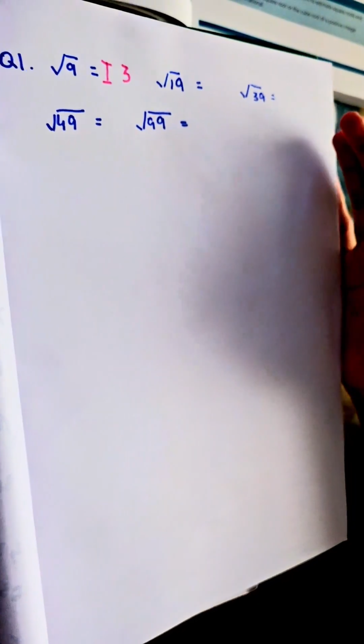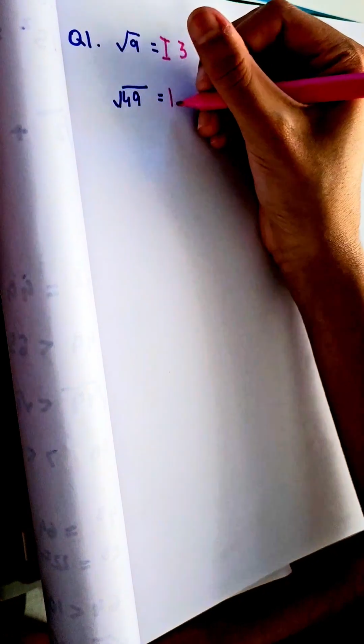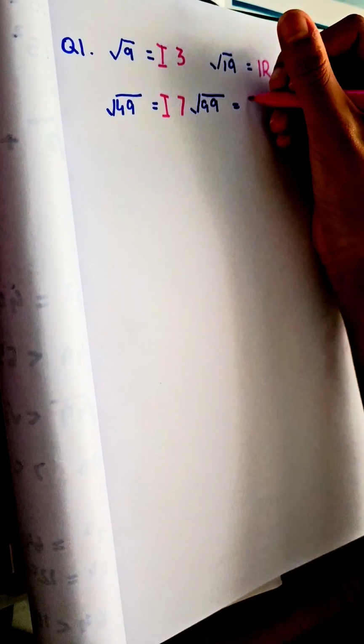It's irrational because it's not a perfect square root, so I'll put IR. 39, it's the same, irrational. 49 is an integer. The answer is 7. And the last one, 99, is irrational.